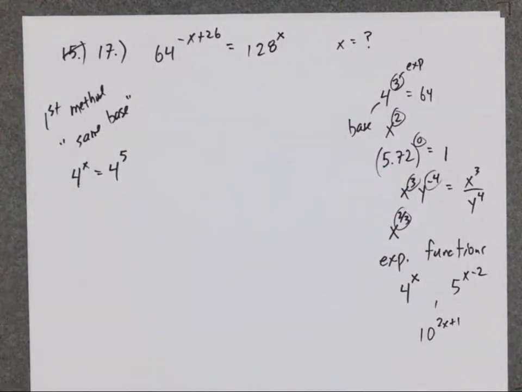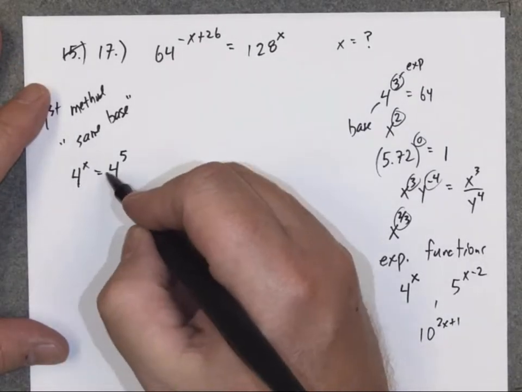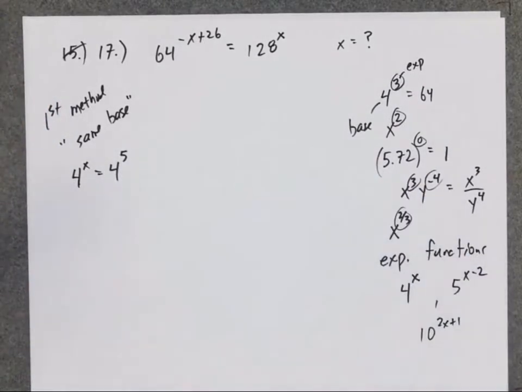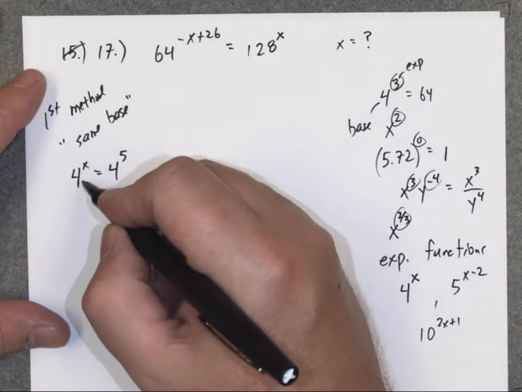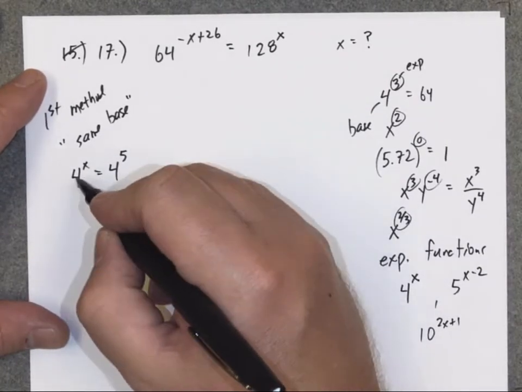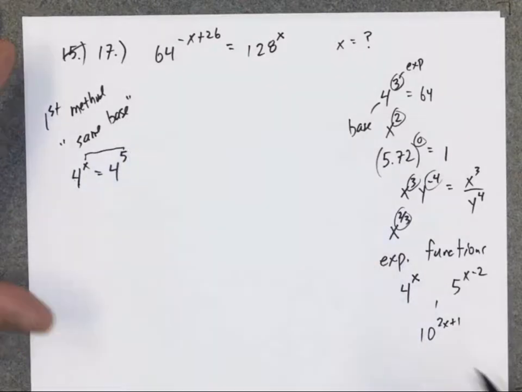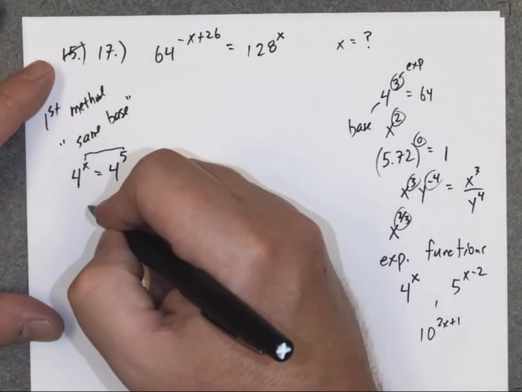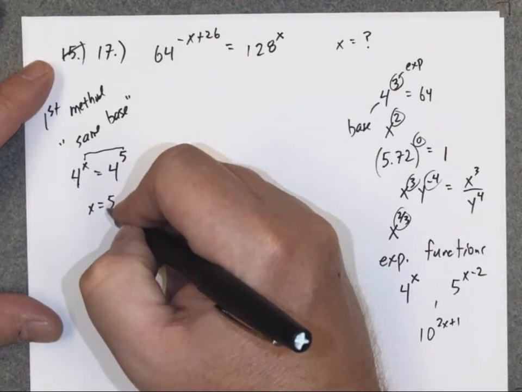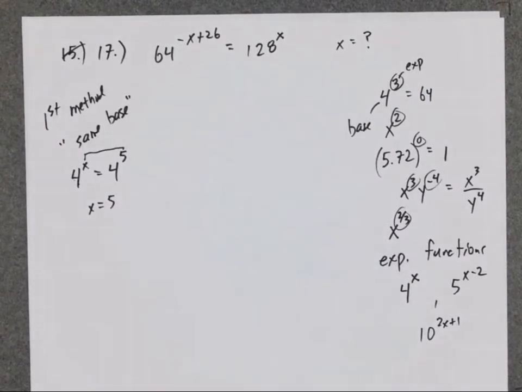Both sides I have exponents. But since my base is the same, doesn't common sense say for these things to be equal, the exponents have to be the same right away? I know x has to be 5.